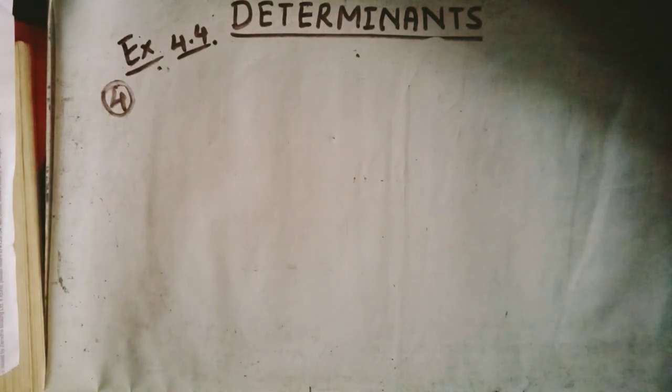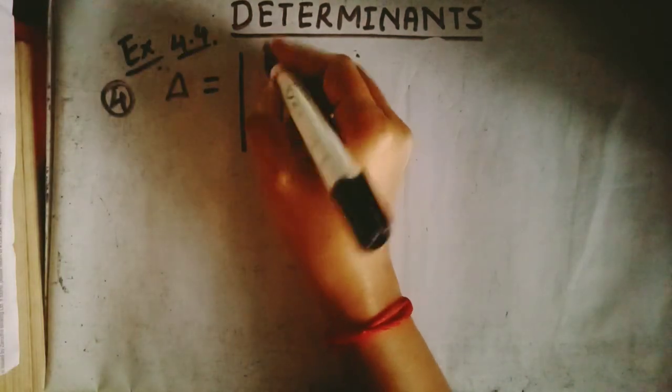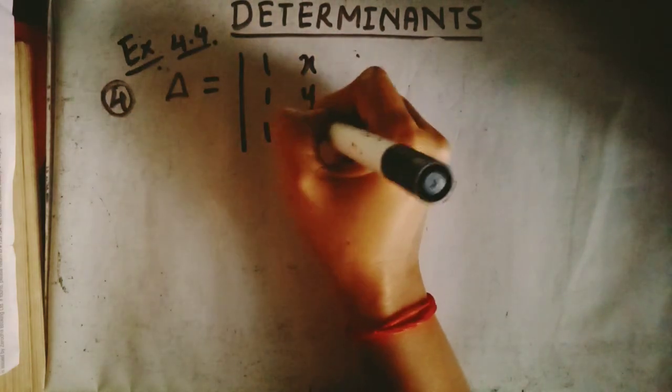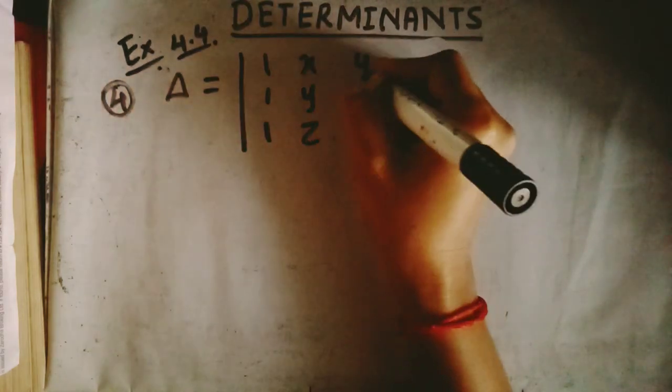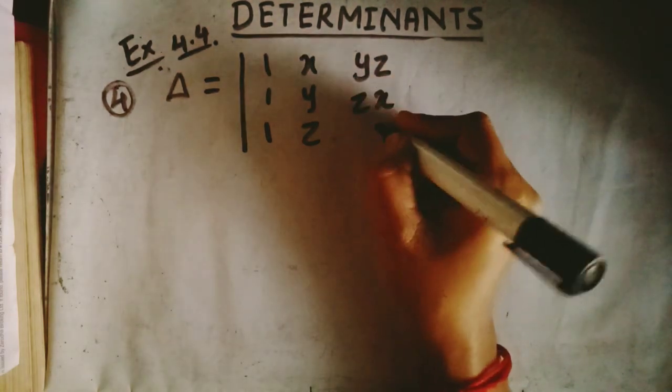Using cofactors of elements of third column, you have to evaluate 1 1 1, x y z, yz zx xy.